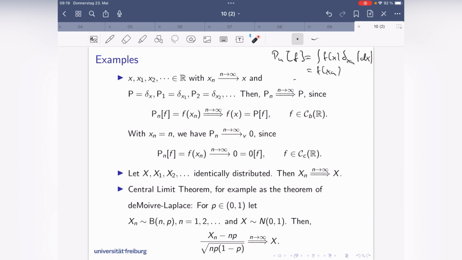And this in turn is P[f], the integral of f with respect to P, which is delta_x. So that's the first example of weak convergence.